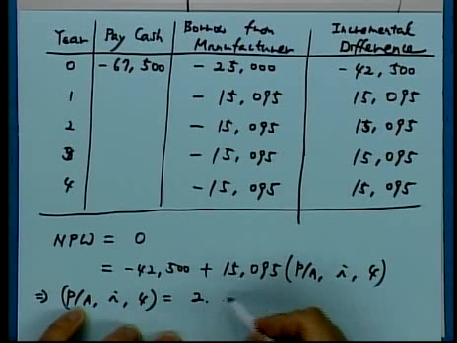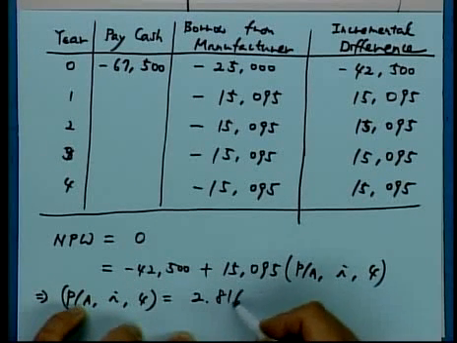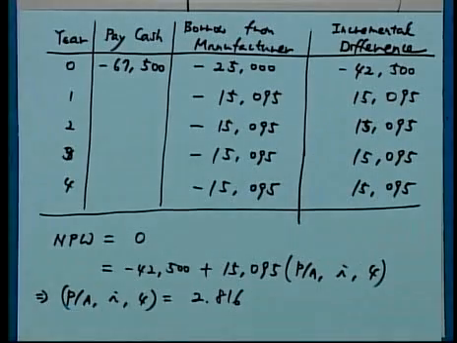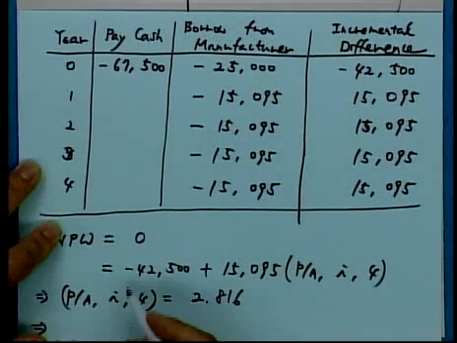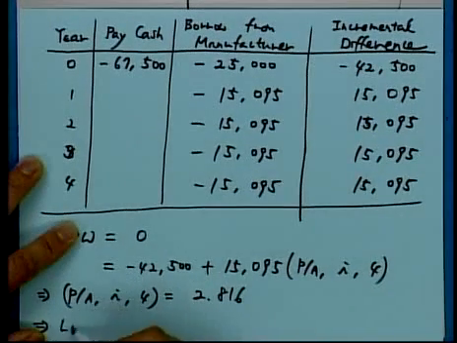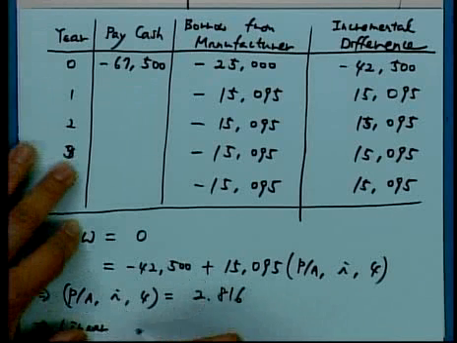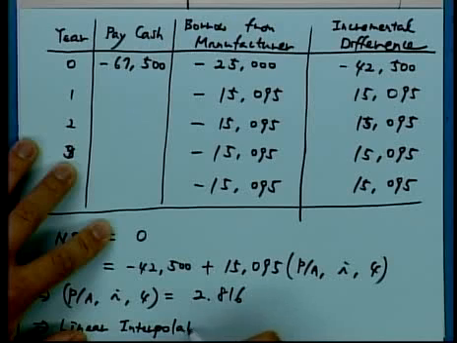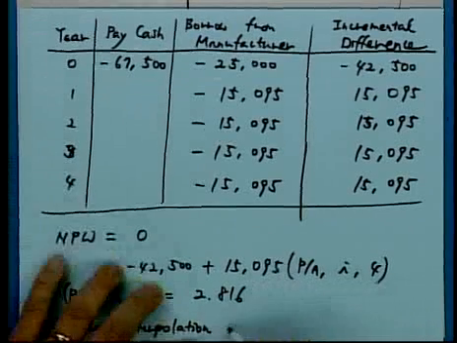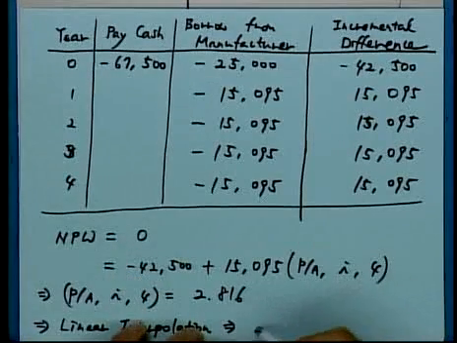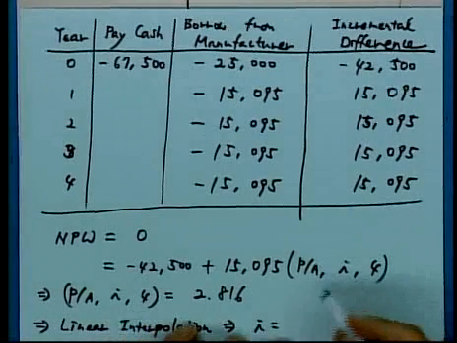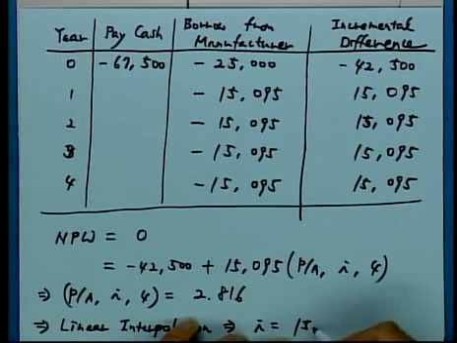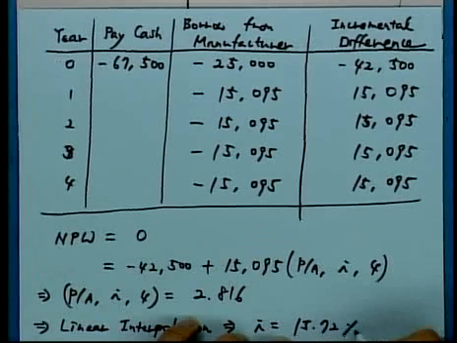Here we have 2.816. Okay. And the next step is again using the linear interpolation. You will get i equals 15.72%.